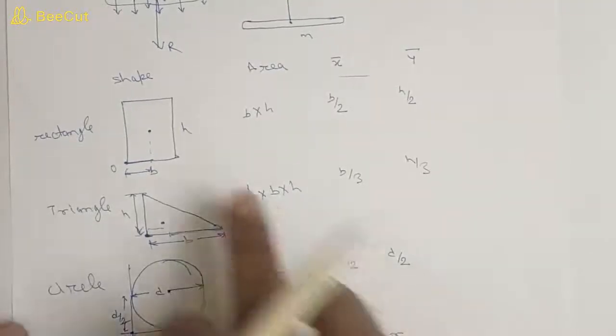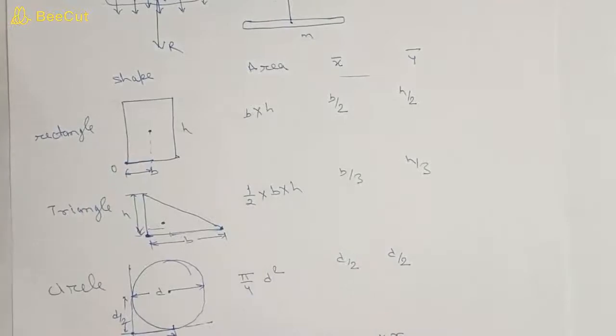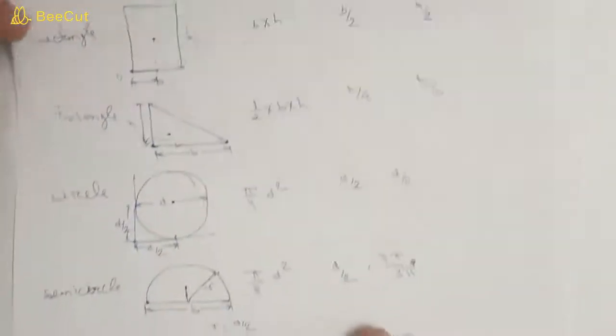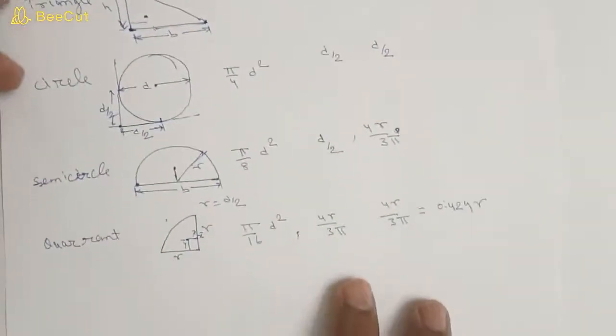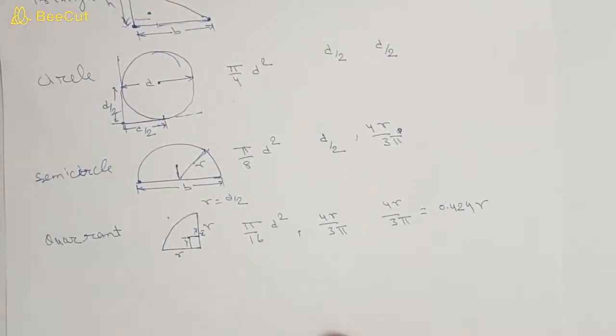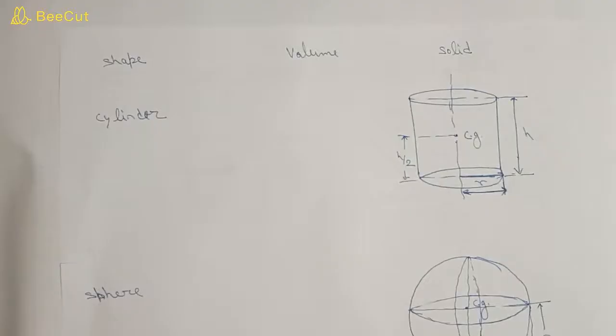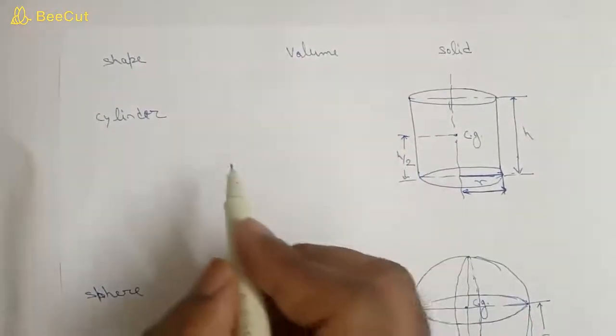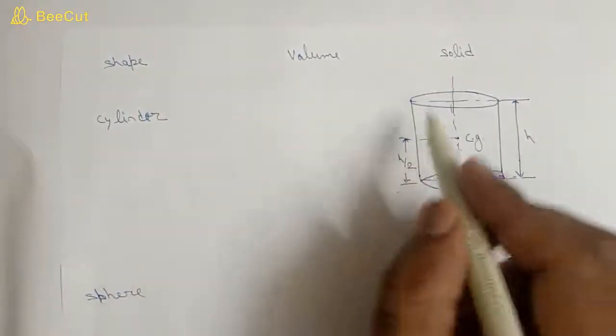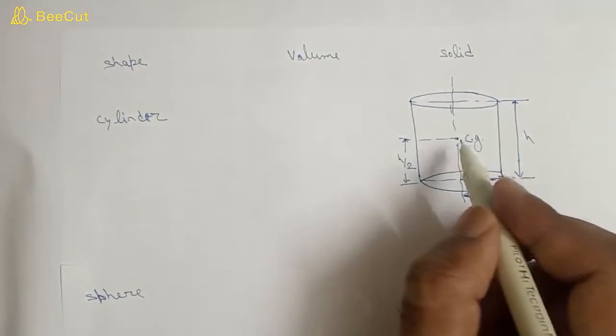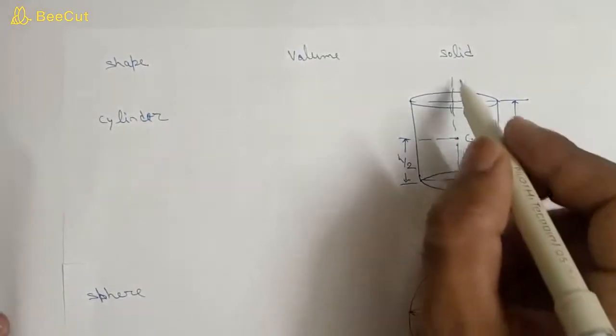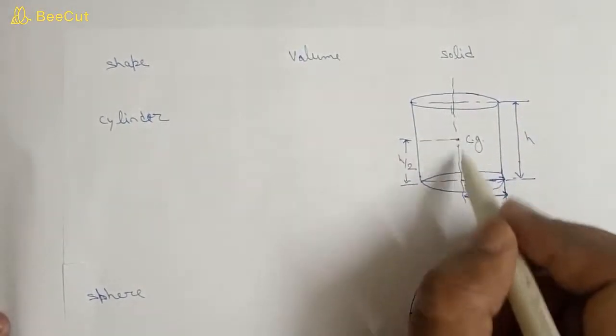So these are the basic cross-sectional areas or shapes for which we have found the centroid. And now we will see the center of mass or center of gravity of basic volumes or weights. So these are some standard volumes. First one is cylindrical, vertical cylinder. So its center of gravity will be situated at this vertical axis at half height.